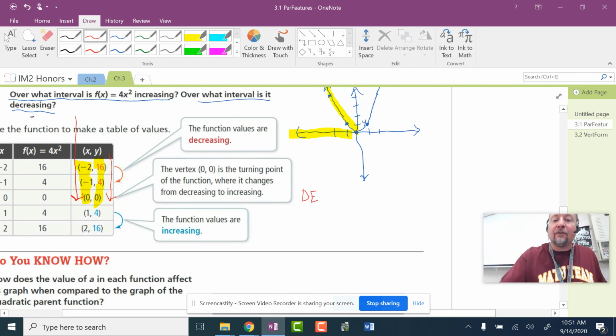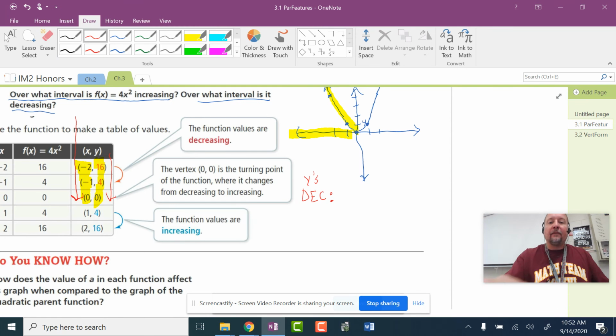Now here's the kicker. Just put DEC, decreasing. The word decreasing is already describing the y's. The interval that it decreases in is the x's that you plug in from left to right. So what do I have to plug in from left to right to get these y values to decrease?